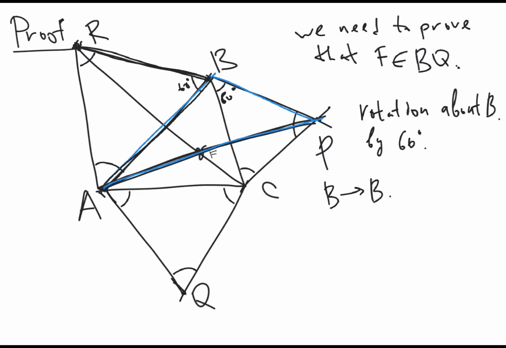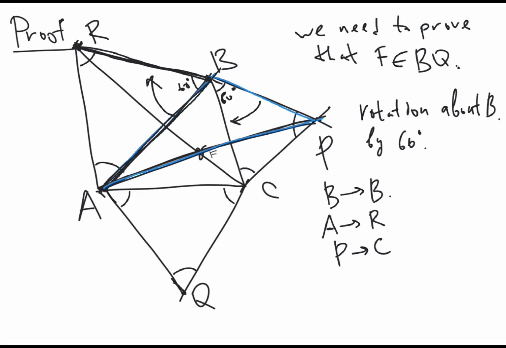B is not going anywhere in this rotation. So the point A goes to the point R, right? So we rotate by 60 degrees around B like this. So A goes to R, and here also, the point P goes to the point C, right?